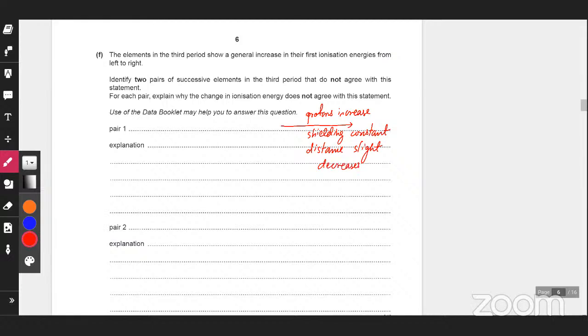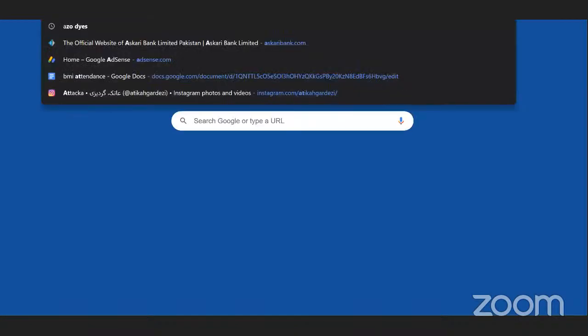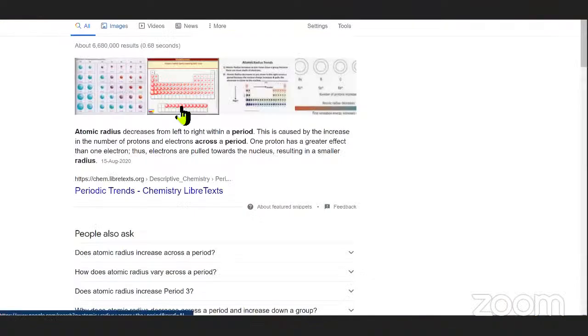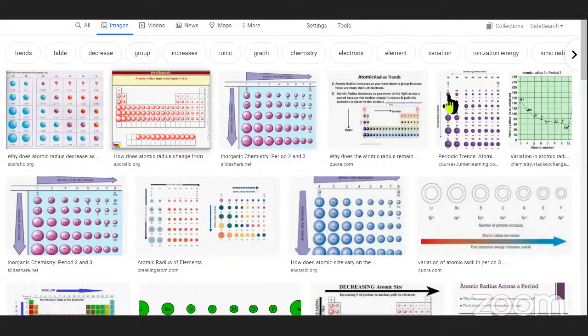If I can find an image of atomic radius across the period, this one is a good representation. As you move across the period, the atomic radius keeps on decreasing very slightly, not drastically.